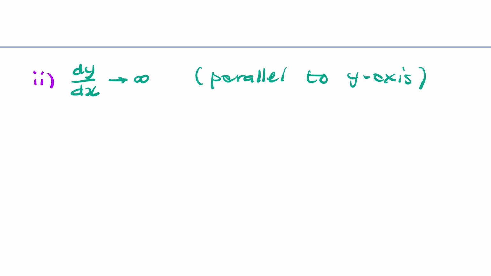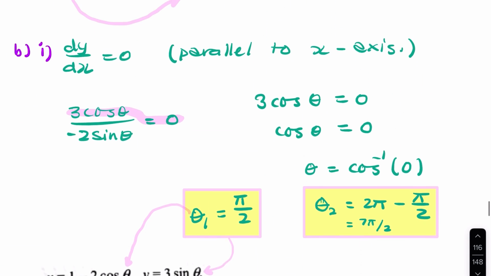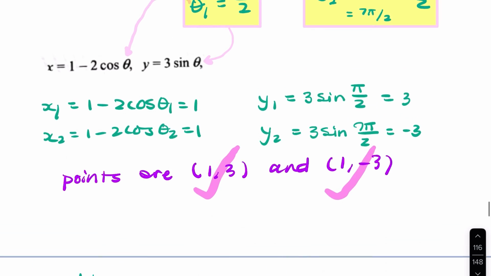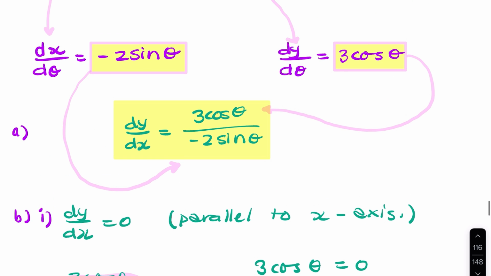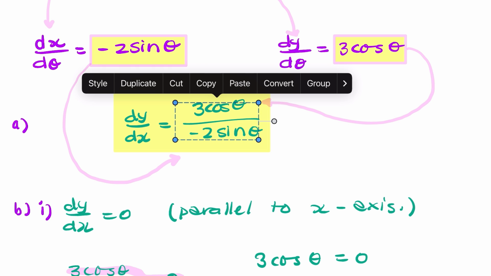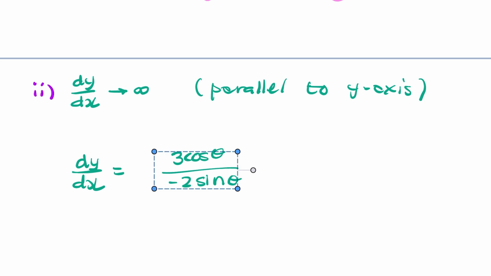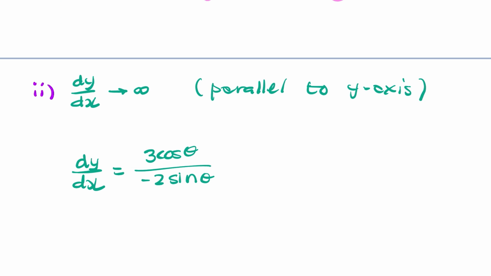So remember, dy by dx has an expression that they asked us to find. So it's this expression here: 3 cosine theta over minus 2 sine theta. So that is going to be undefined.